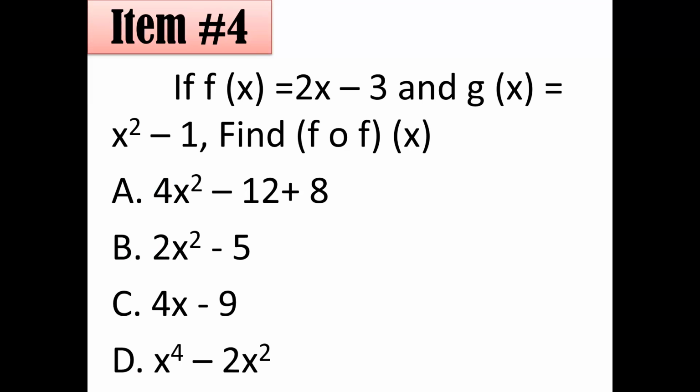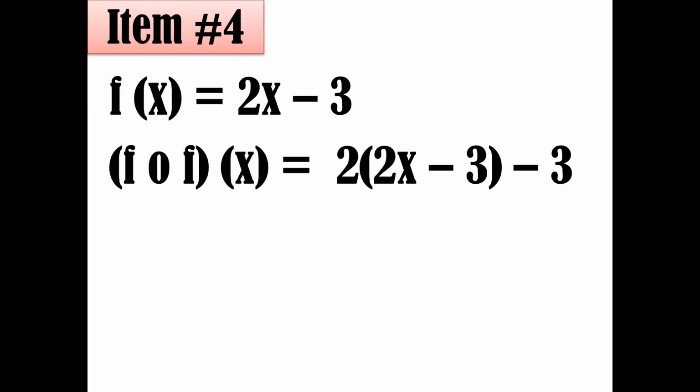So kapag sinabi po natin f of x, it actually means that the entire f here, which is 2x minus 3, will be substituted to the variable of the entire f. That's why, yung g po ay hindi po natin pwedeng gamitin dito kasi wala pong g na function.